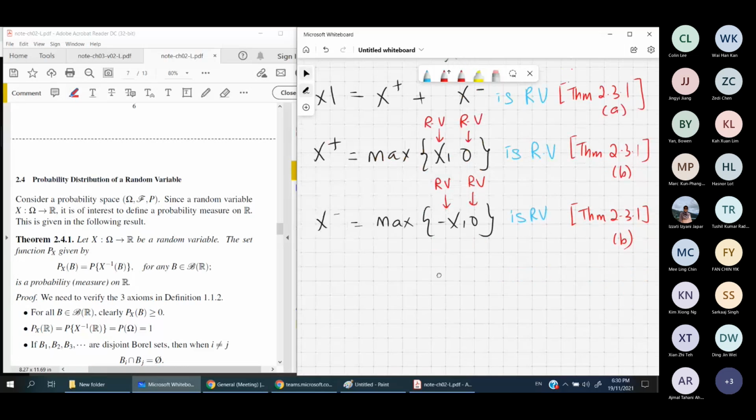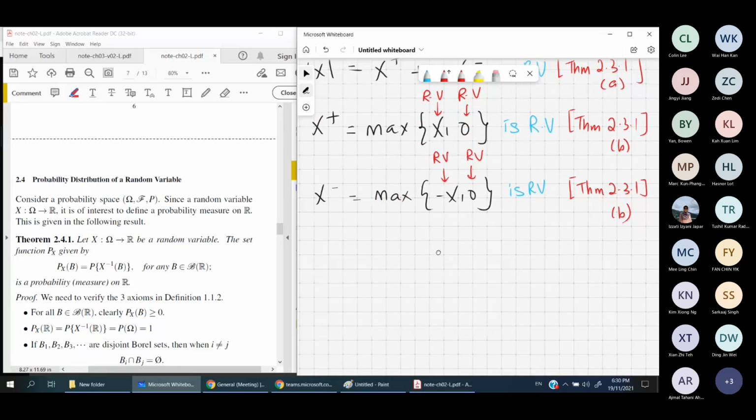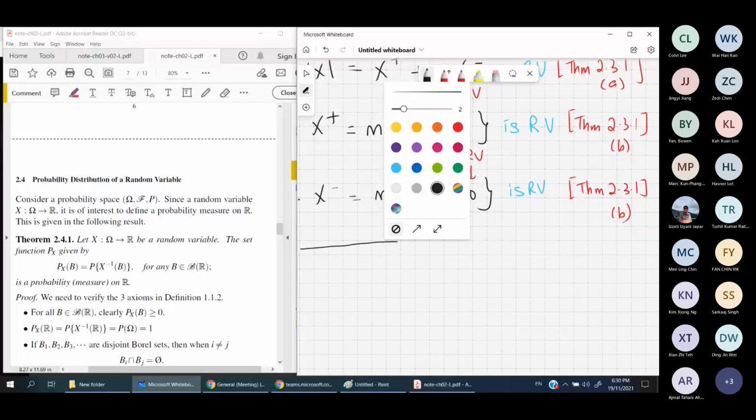Okay, next we come to the second topic for our chapter 2 here. This is the first part, where we are talking about random variables and some of the properties of random variables. So the second part will be the probability distribution of a random variable.